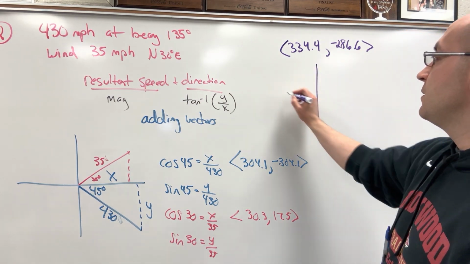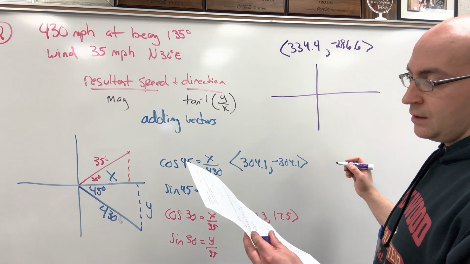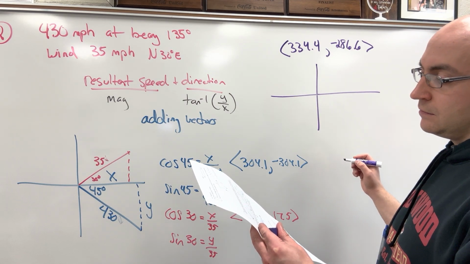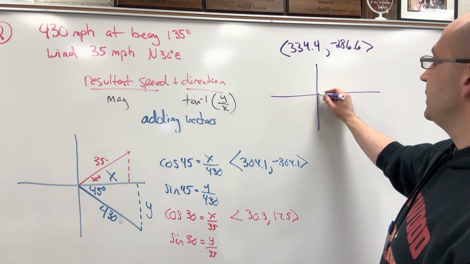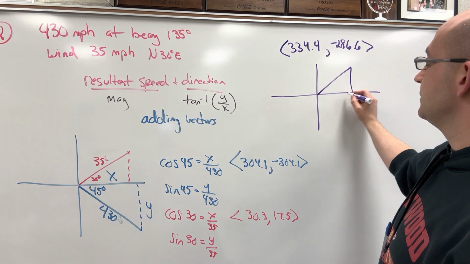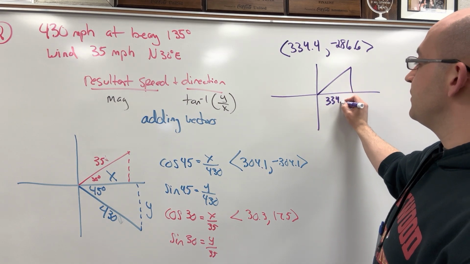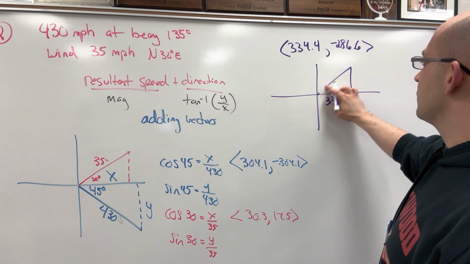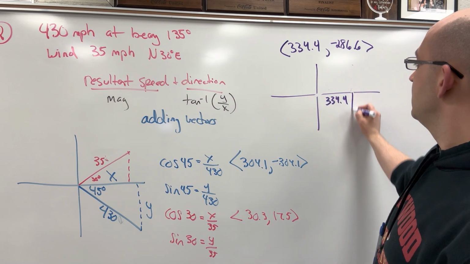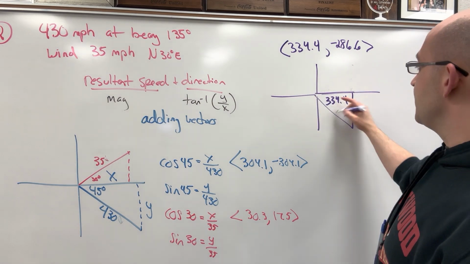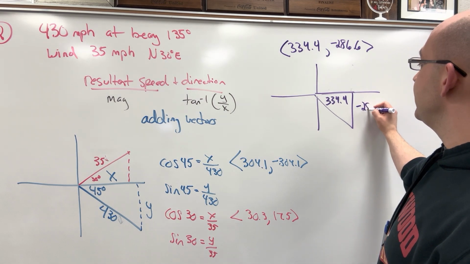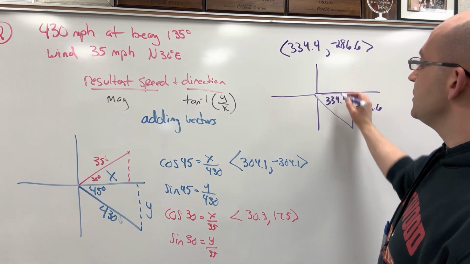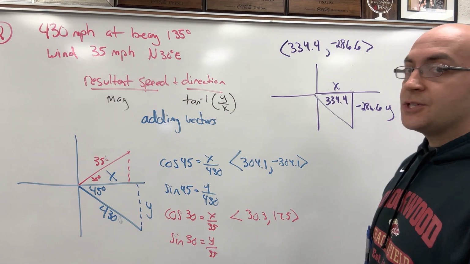So let's just say here, this is 334.4. Oh, it's in the other quadrant, sorry, because it's negative. So 334.4 and negative 286.6. This is my x and this is my y. We need to find two things.